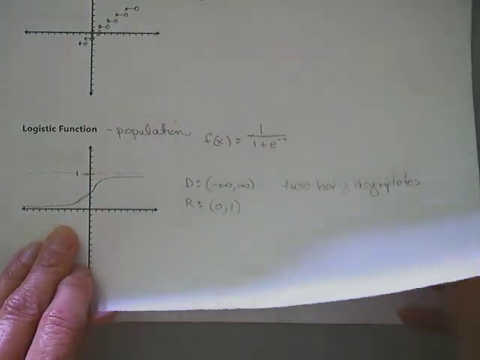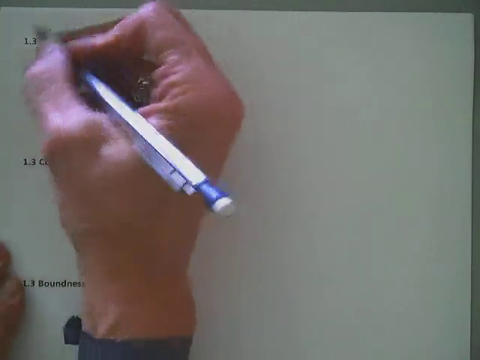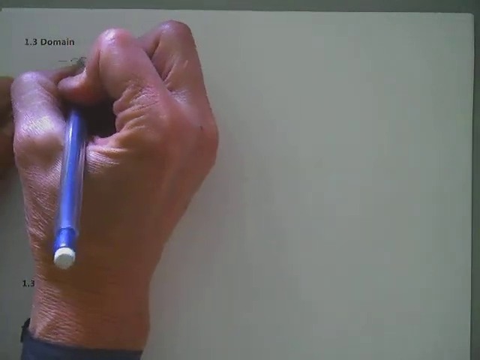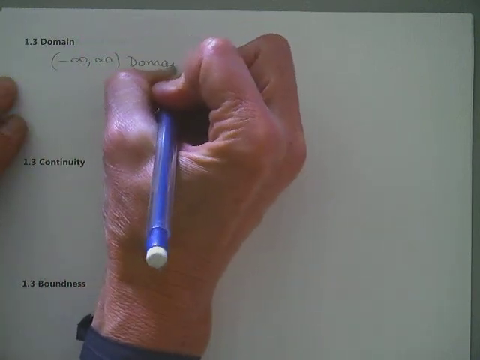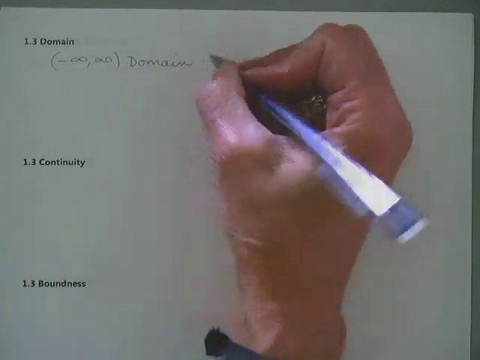All right. Okay, now, keep these. Do you guys have all these pictures in your notes? Okay, you need to refer to them. Okay, here we go. Domain. How many functions have negative infinity to infinity domain? Count them.